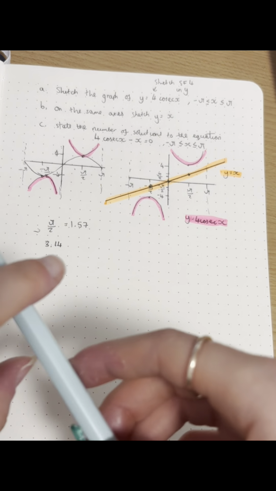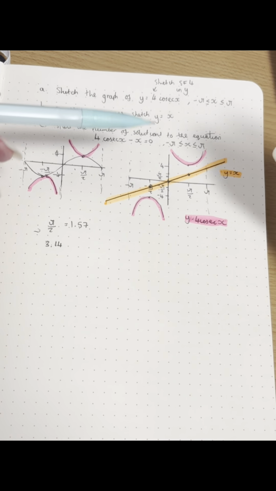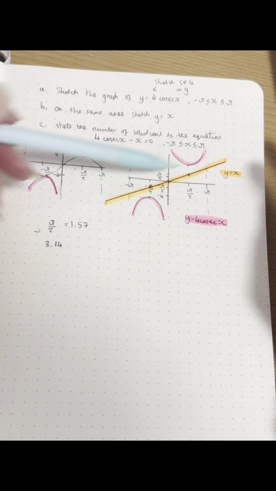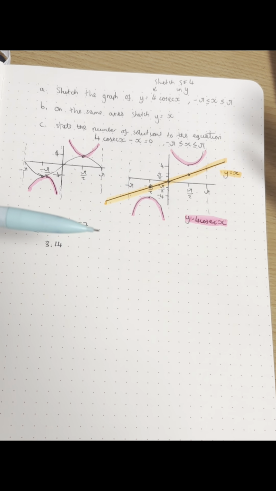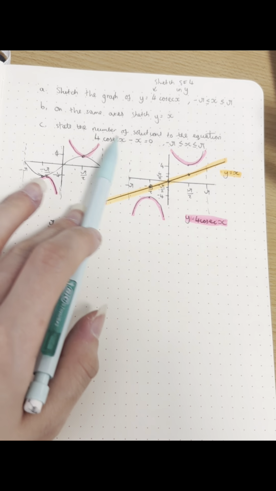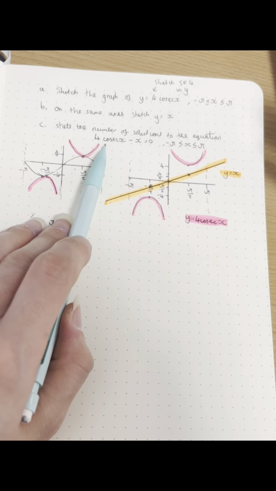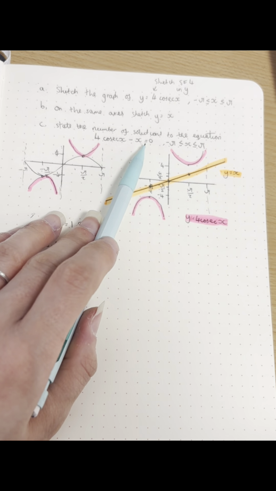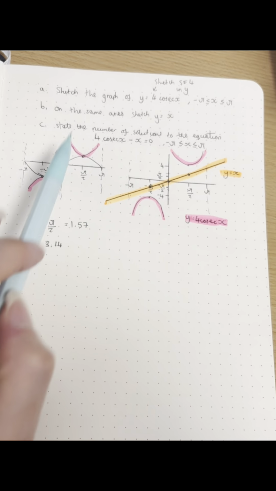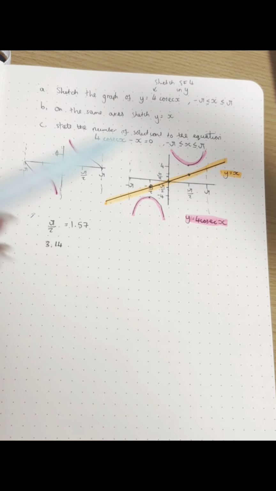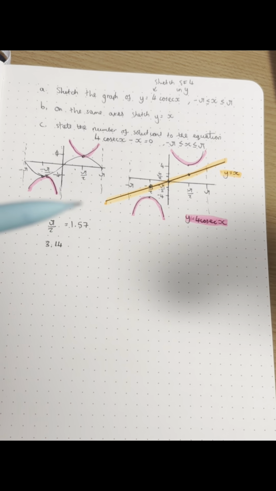So if you sketch that with any sort of accuracy, we can see that those two graphs don't intersect at all. So this brings us to part C, which says state the number of solutions to this equation here: 4 cosec x minus x is 0. Now, hopefully we can see it's got to be something to do with what we just did. A lot of these kind of questions lead on from each other.